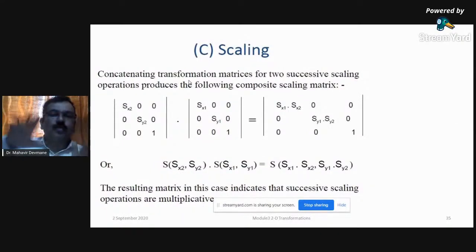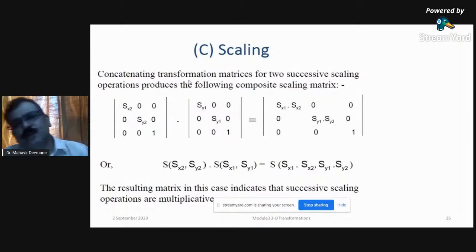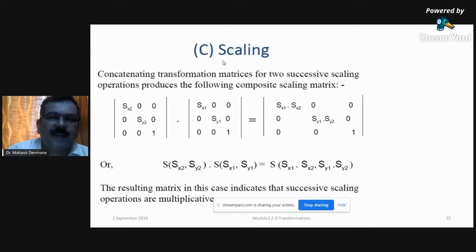So the total scaling done is 2 into 3, that is 6 times the object is scaled compared to the previous one. That's why the final scaling matrix here we got as Sx1 into Sx2 0 0, then 0 Sy1 into Sy2 0, and the final row is 0 0 1. Right? So scaling is multiplicative.